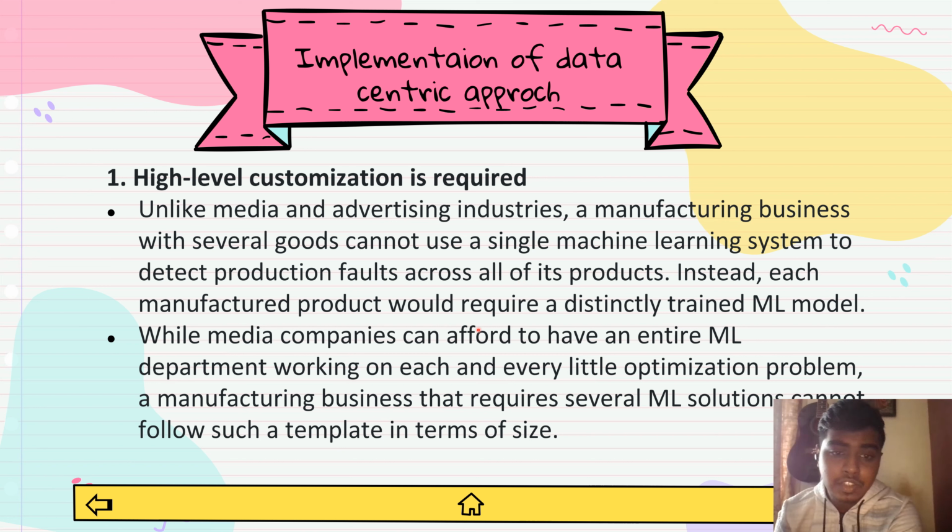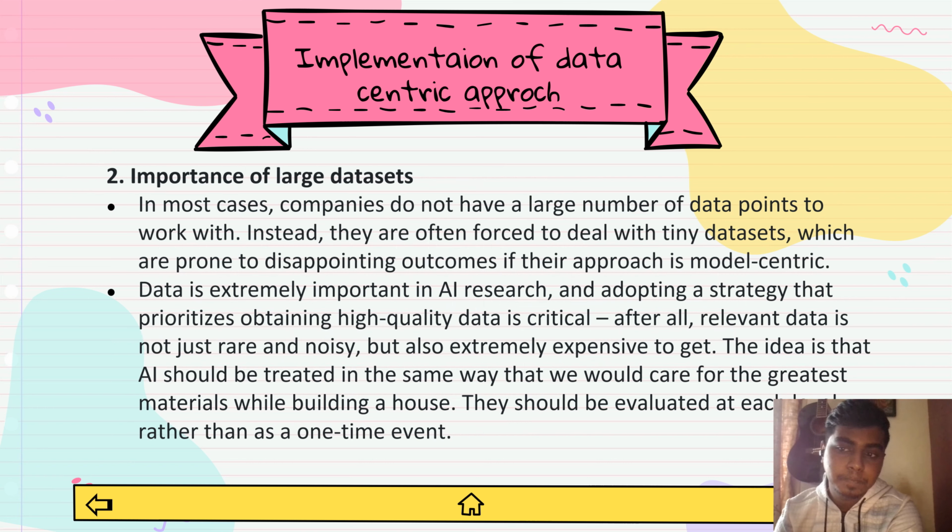Instead, each manufactured product would require a distinctly trained ML model. And the second point is that while media companies can afford to have an entire ML department working on each and every little organizational problem, a manufacturing business that requires several ML solutions cannot follow such a template in terms of size. This is the first approach, and we'll go to the next slide and look into the second approach.